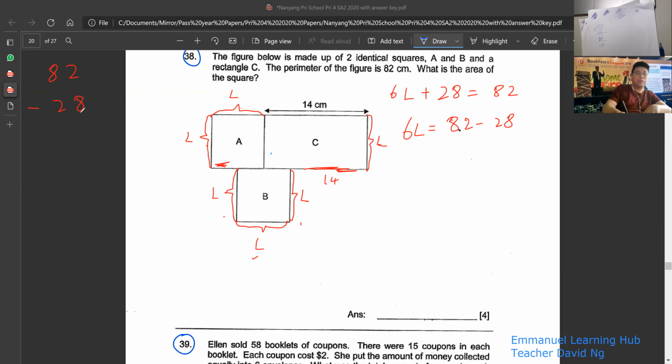So 82 minus 28. What's the answer? Can 2 minus 8?